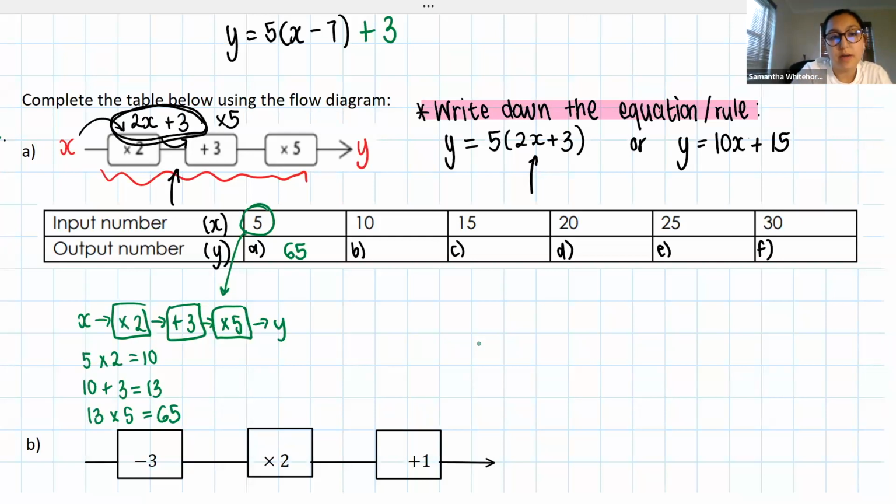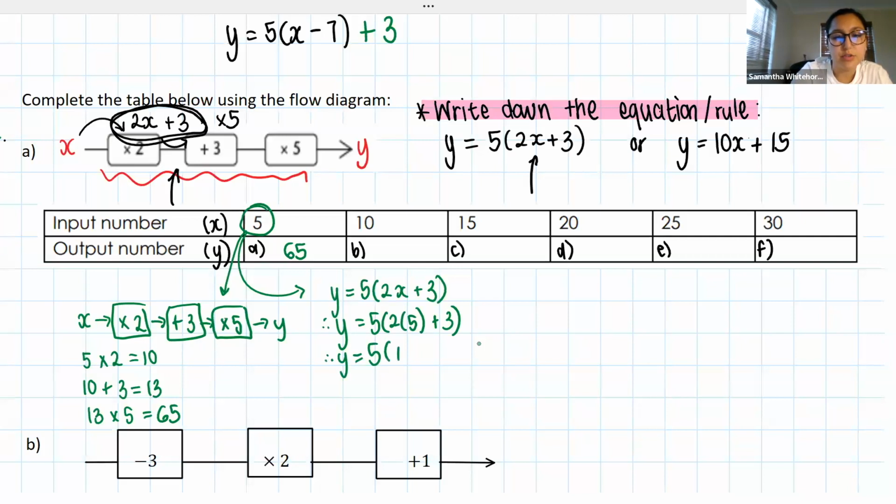If you use the equation, which is absolutely fine, y is equal to 5 times 2x plus 3. We're going to substitute 5 in place of x. So 5 times 2 times 5 plus 3. Let's sort out the 2 times 5 first. So 2 times 5 is 10 plus 3.